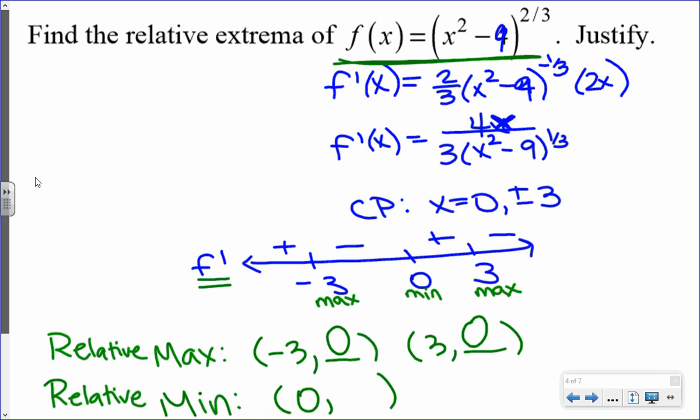Here's where it gets fun though. Plugging in 0, right? So we have -9 to the 2/3. Which really just means what? Cube root of 81.